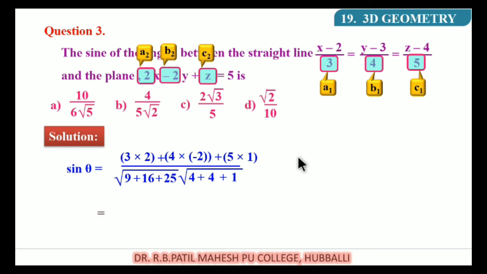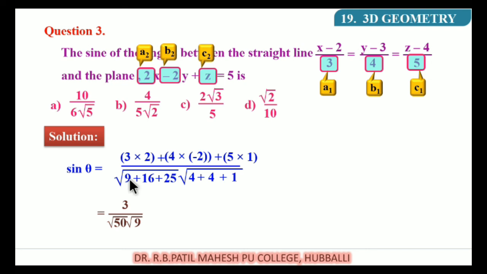So by simplification we have 3 divided by square root of 50 into square root of 9, because 3 into 2 is 6 plus 4 into minus 2 is minus 8, so 6 minus 8 is minus 2, and 5 into 1 is 5, so minus 2 plus 5 is 3.